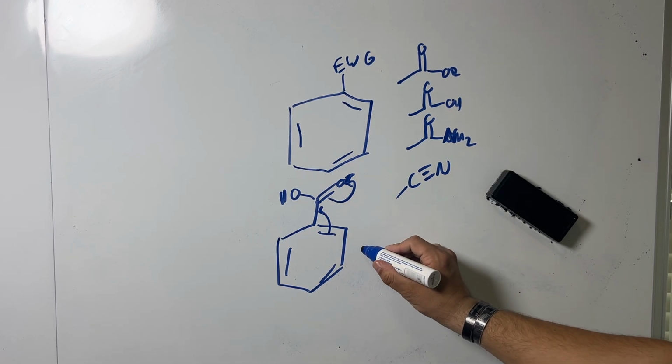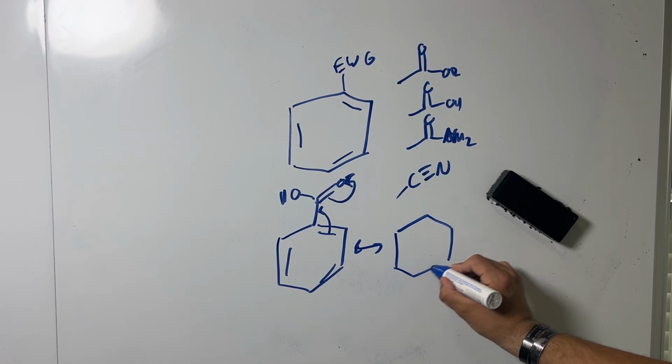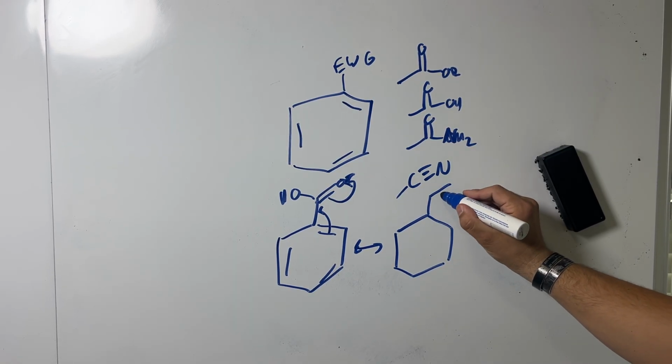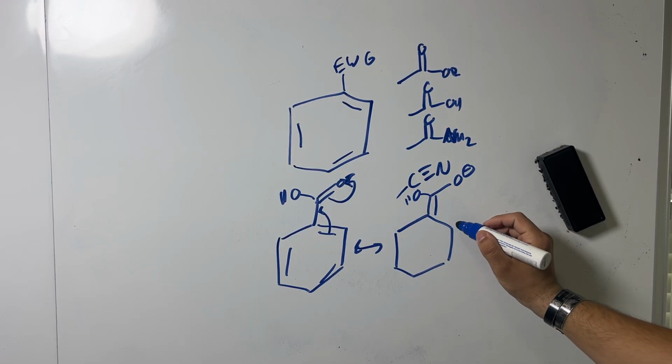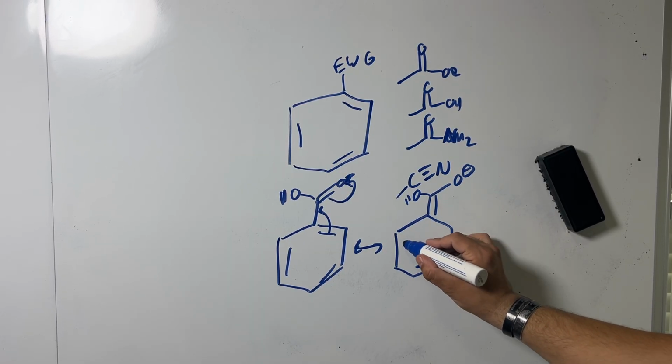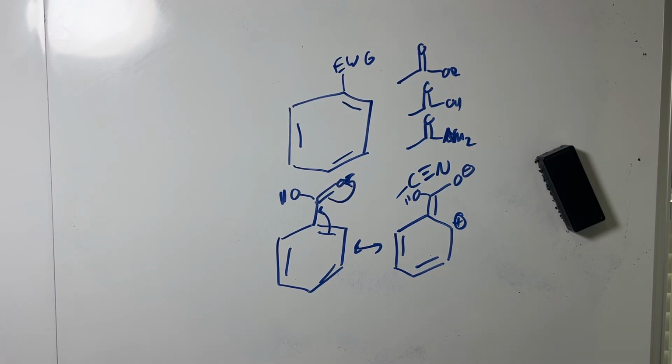So what does that give us? Where we have this and this right here. We have a carbocation at our ortho position. Okay, that's no bueno.